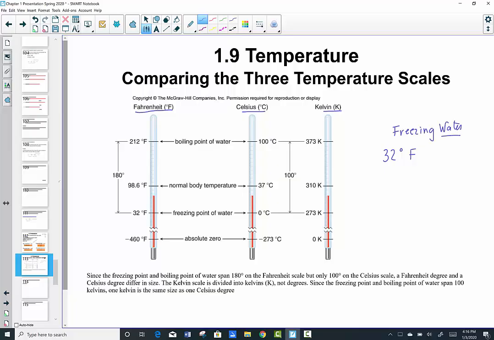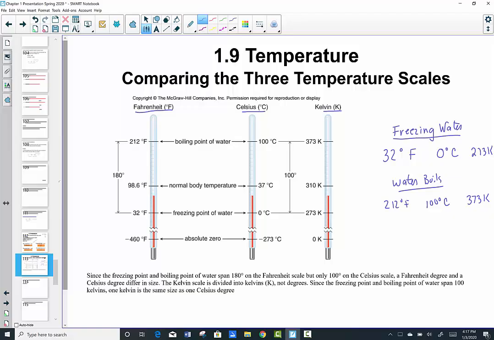The other constant you probably know is that water freezes at 0 degrees Celsius, and that would be equivalent to 273 Kelvin units. Water then boils at 212 degrees Fahrenheit, 100 degrees Celsius, and therefore it would boil at 373 Kelvin units.